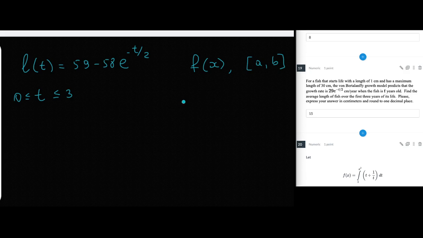Then the average value of this function, f of x, on the interval from a to b, often denoted by f bar, can be calculated as the integral from a to b of f of x dx, divided by the length of the interval of integration, b minus a. In the textbook, you can find a really good explanation of why this formula is used to calculate the average value of a function.